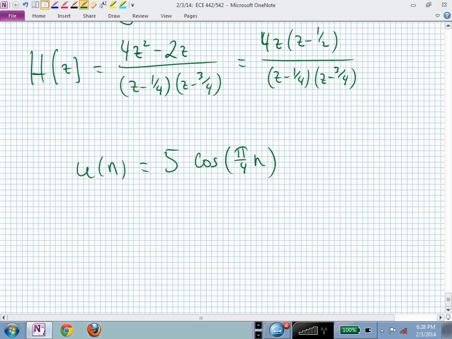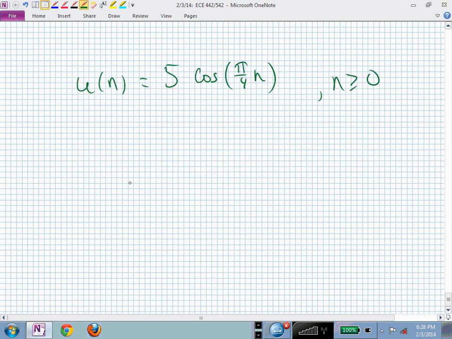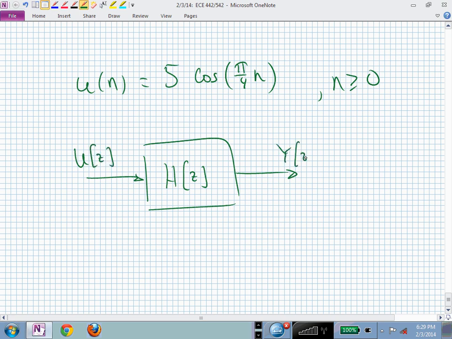So this is now, let's say, n greater than or equal to 0. We just keep hitting it with that. The picture that we have is something like that.